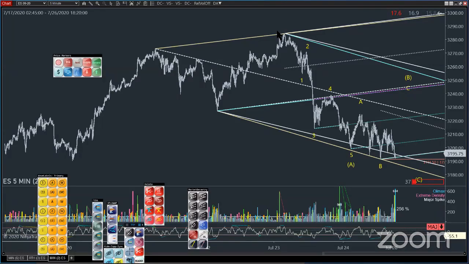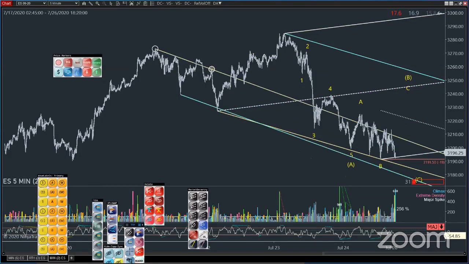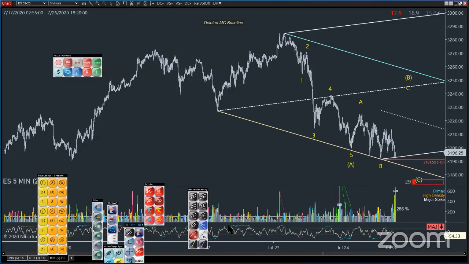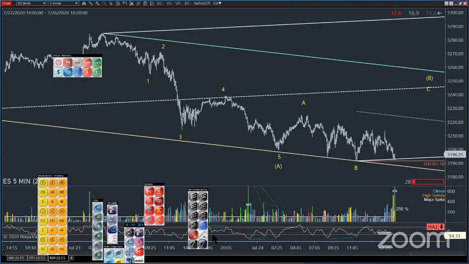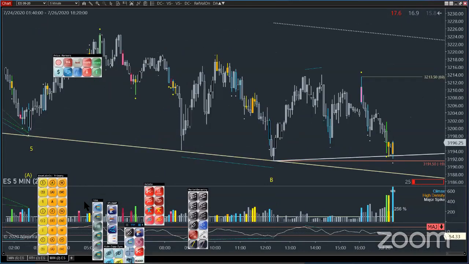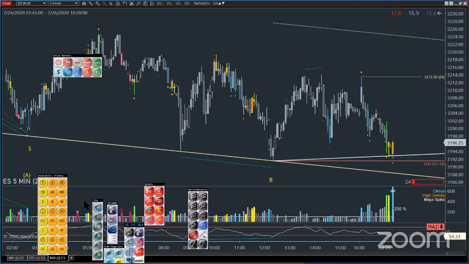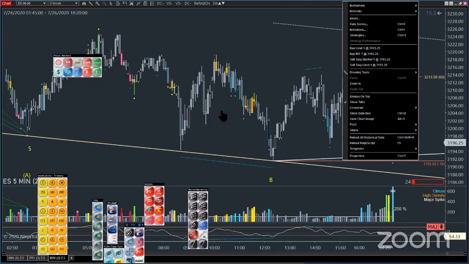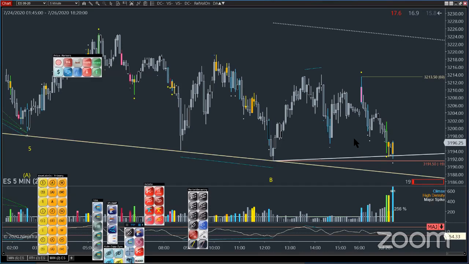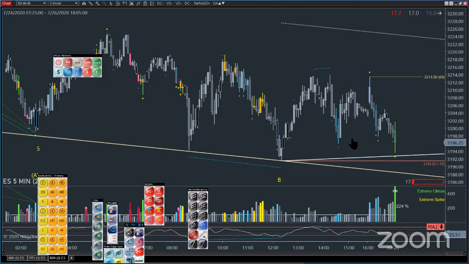Yep, I bet it is doing that. I know it sounds crazy, call a high or low when it's 2 ticks away from breaking it, but if I were sitting here waiting for this, I would probably be long already from that 2-bar pattern right here.